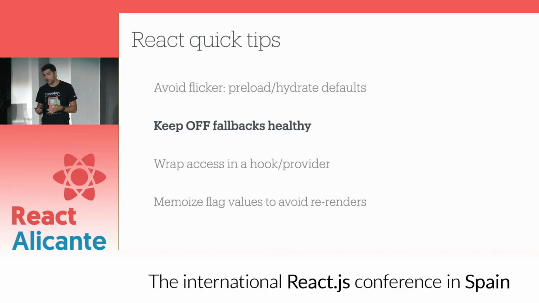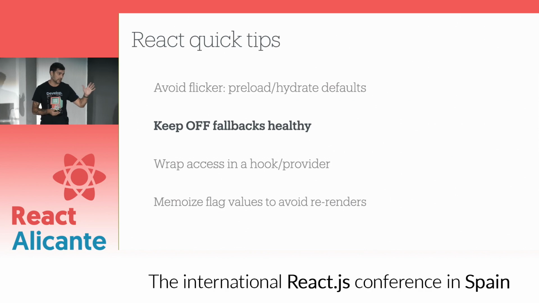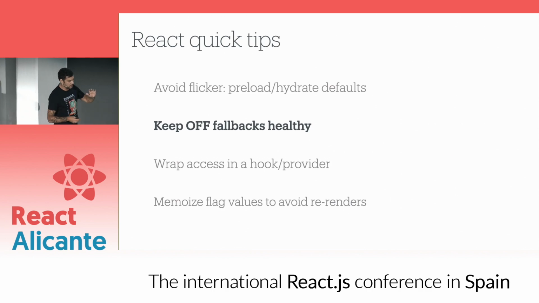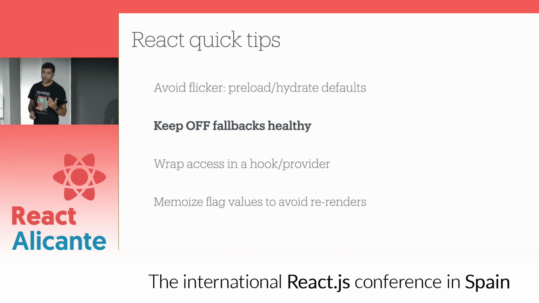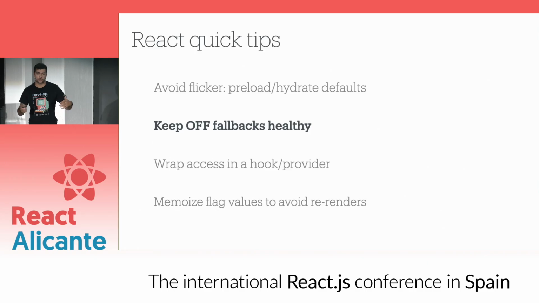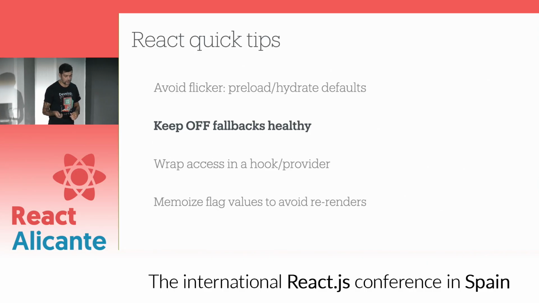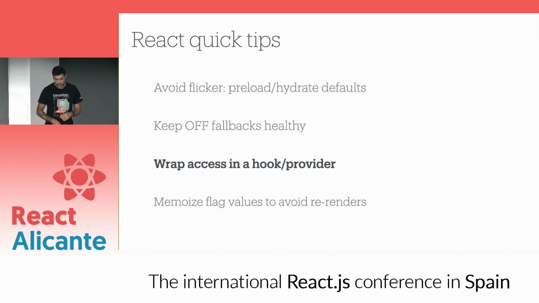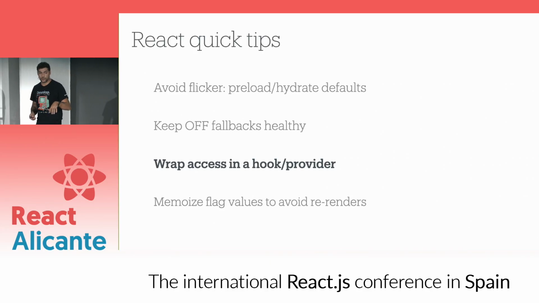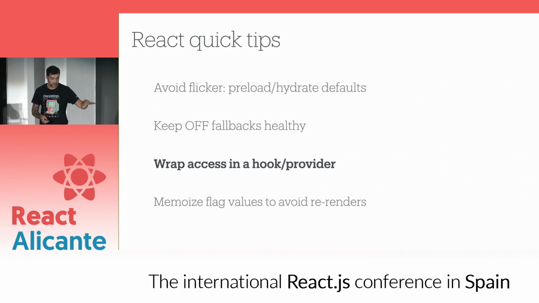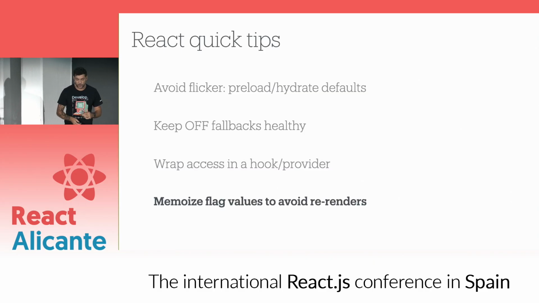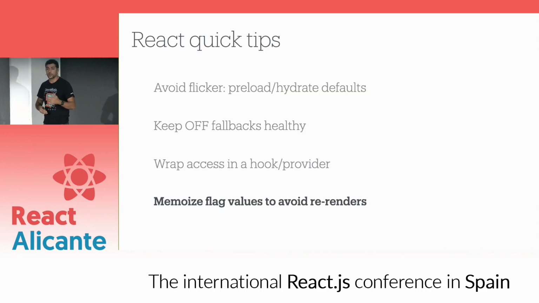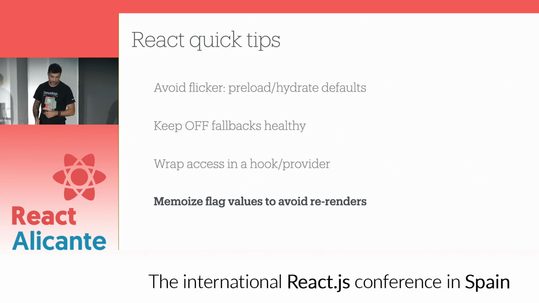Keep all fallbacks healthy, meaning that you should have sane defaults, which means that you must cover every path possible in your flags. Wrap your access, a use feature flag hook or something like that, with a provider. And finally, I watched Mateus, but I still think that you can memoize things in React. So memoize flag values to avoid unnecessary re-renders.